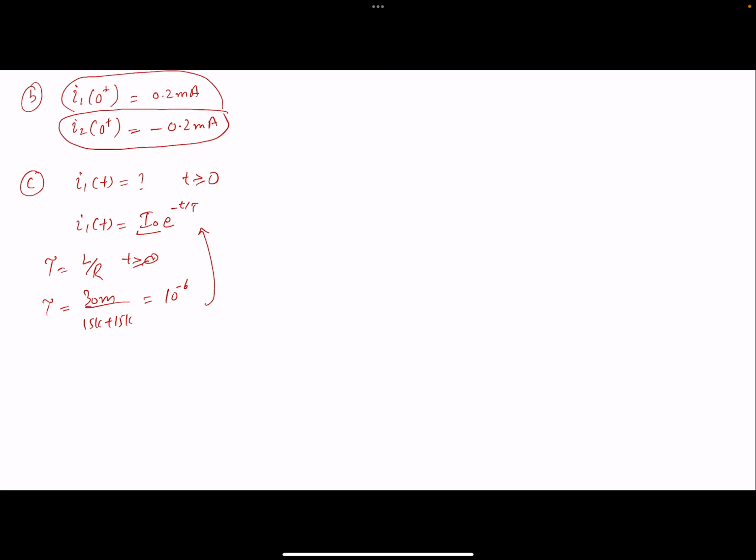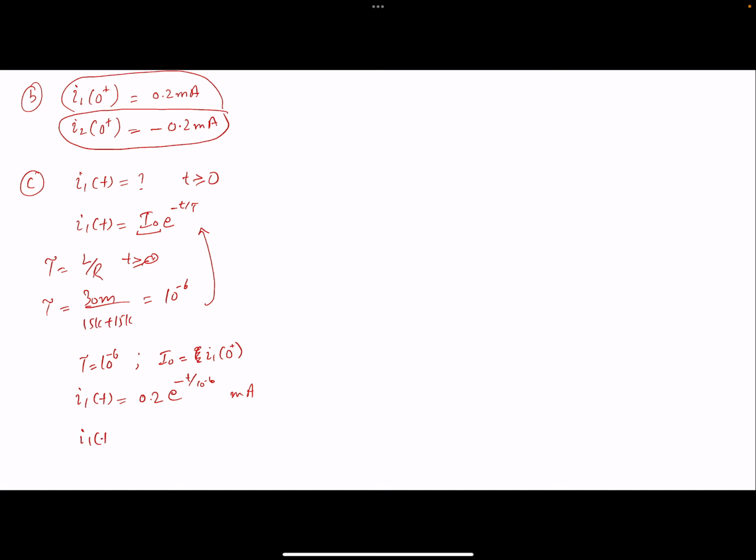And what is the value of I naught? Tau is 10 to the minus 6, and I naught is I1 at 0 positive. So I1 of t becomes 0.2 milliamperes e raised to power minus t over tau, which is 10 to the minus 6 seconds.